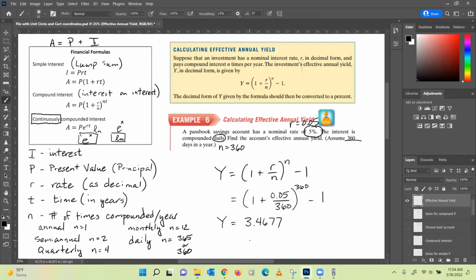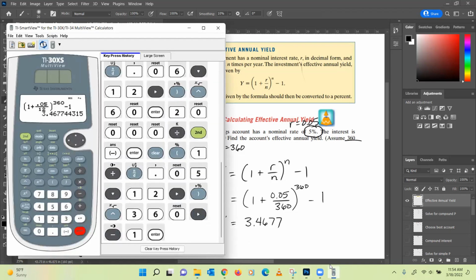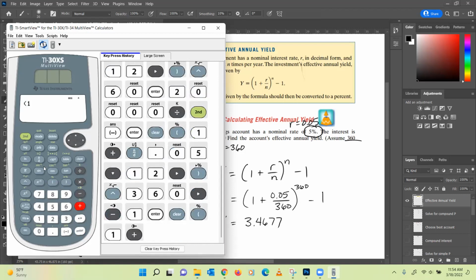Now that seems a little high to me. Did I mistake what I was entering in? Oh, I entered 12 as my denominator. It should have been 360 for the denominator. That's what did it, because that number didn't look right to me.